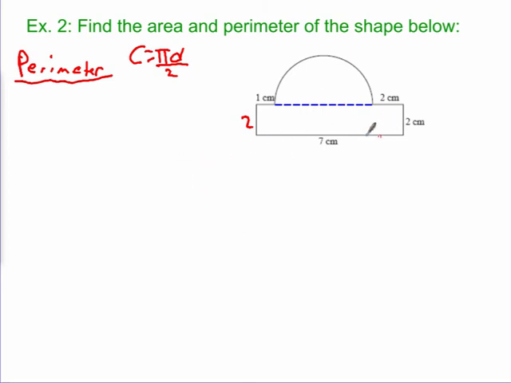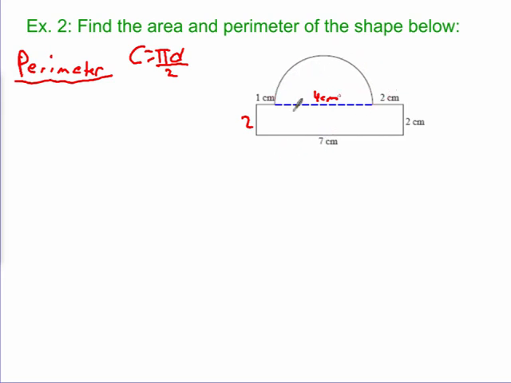Well, this side is 7. So this whole thing must be 7. This little part of it's 1. This little part of it's 2. So I just do 7 minus 1, that's 6, minus 2, that's 4. So this dashed blue line is 4 centimeters. And it makes sense because 1 plus 4 plus 2 gives me 7.